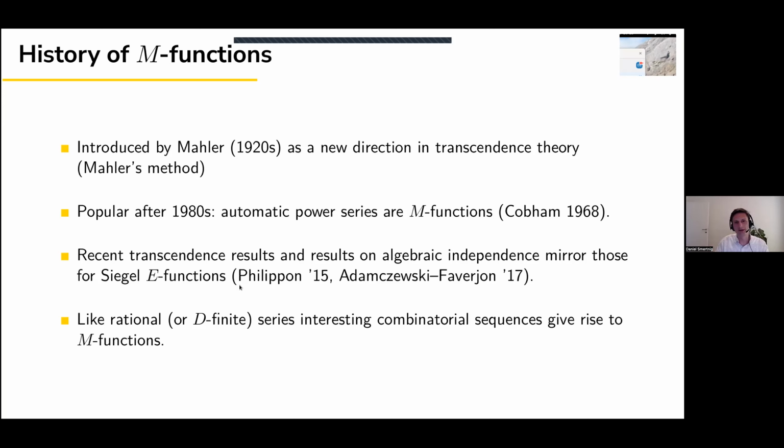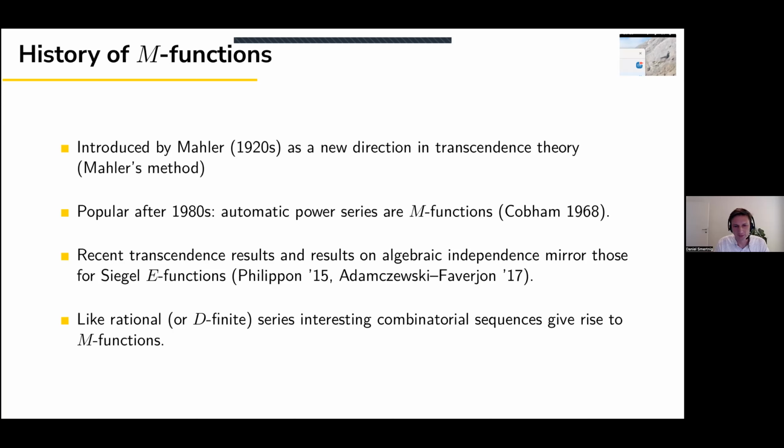And this was then popularized starting with the 80s and became popular in theoretical computer science. And more recently, there are transcendence results on these series, in particular by Philippon and Adamczewski-Faverjon, that now sort of mirror the theory of Siegel E-functions. And the second part, which is somehow our motivation, is that, as we already saw, interesting combinatorial sequences give rise to Mahler functions.